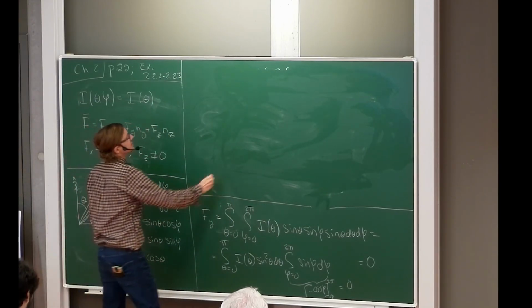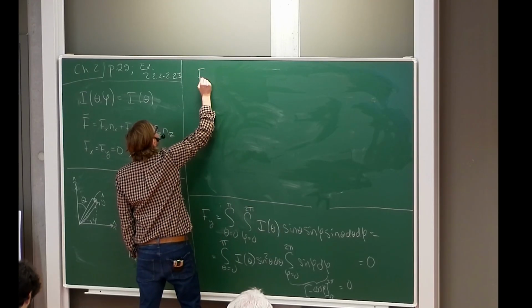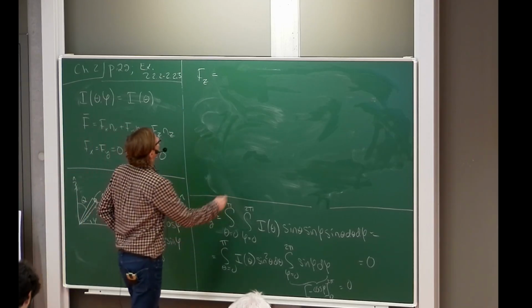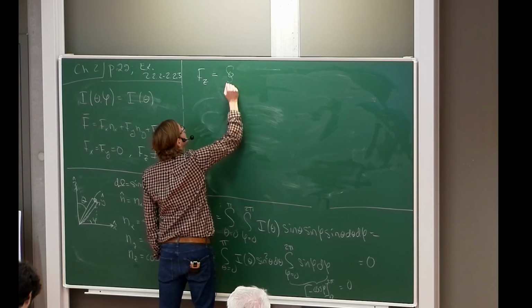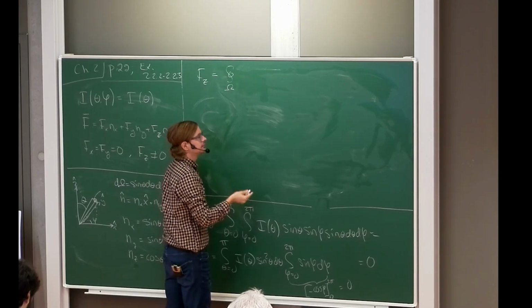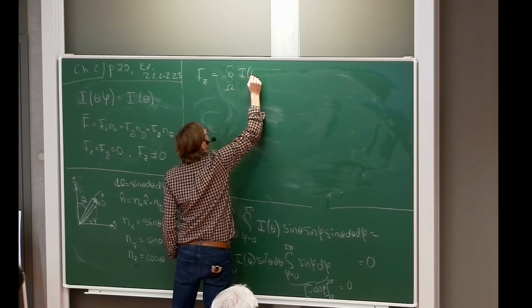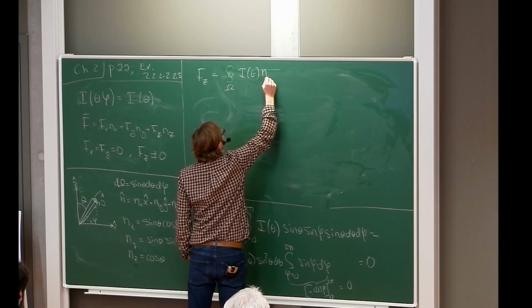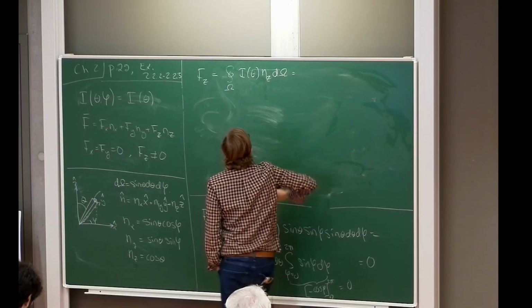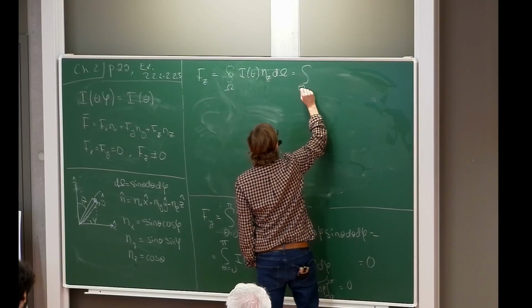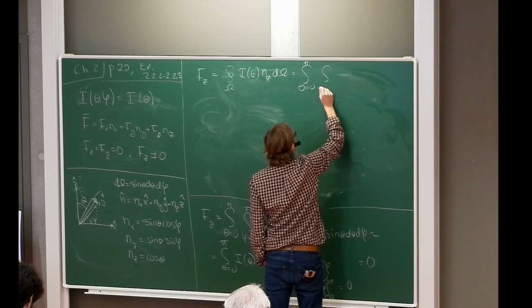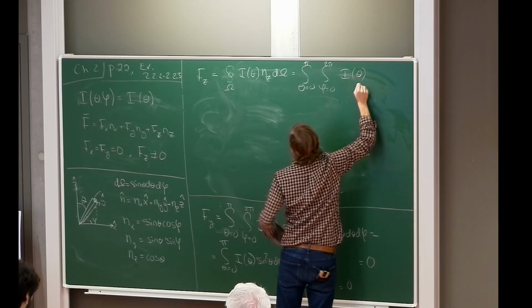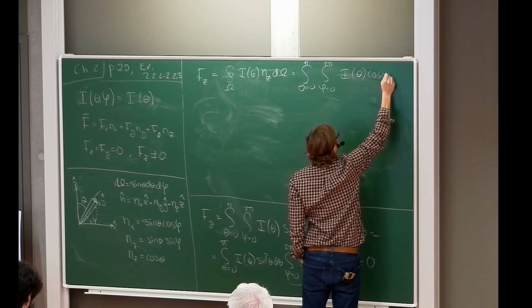All right, let's look at the flux in the z direction. What do we have? We have the integral over all solid angles again. We have the intensity, again only a function of theta, and n dot z d omega. So that's theta from 0 to pi, phi from 0 to 2 pi, I of theta, and n dot z is cosine of theta.